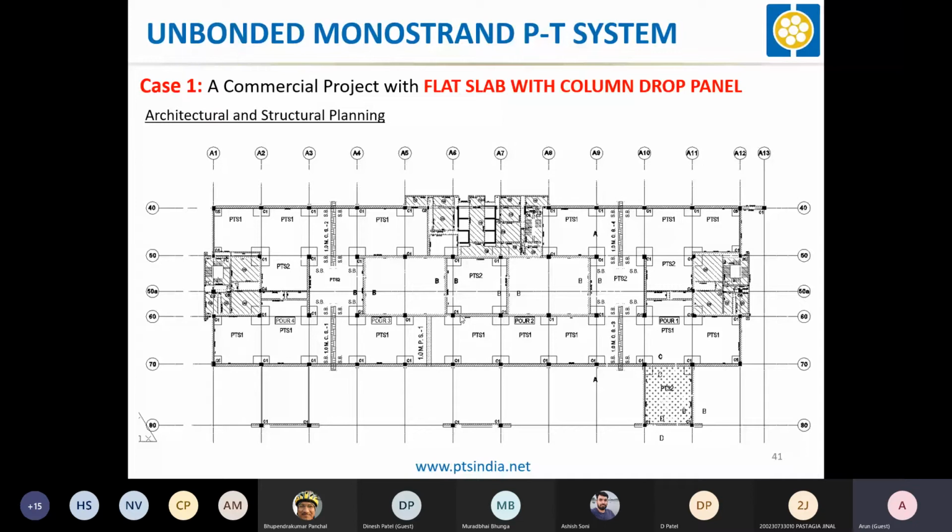So to take care of that, the extent of this drop panel is used, and this is how we can have a larger extent of the drop panels to take care of those kinds of negative stresses.